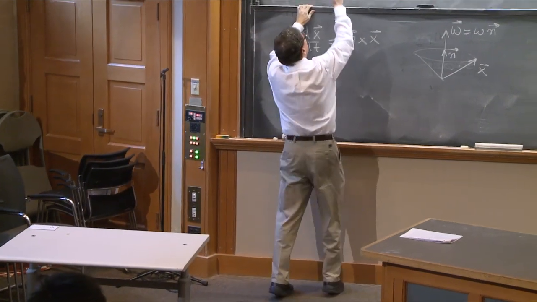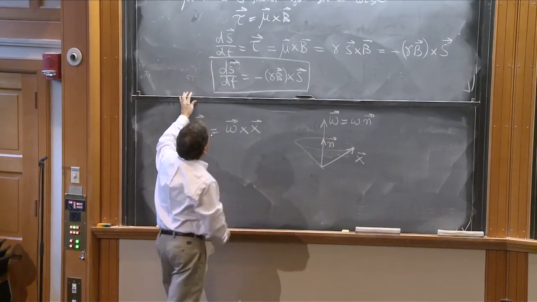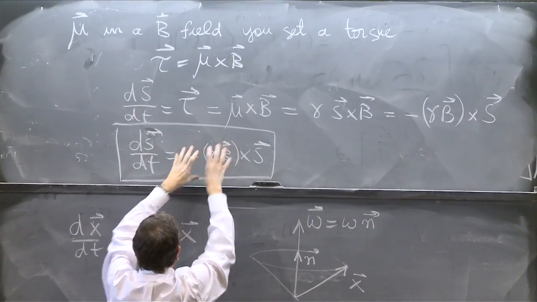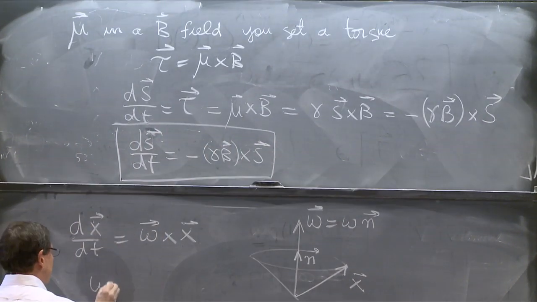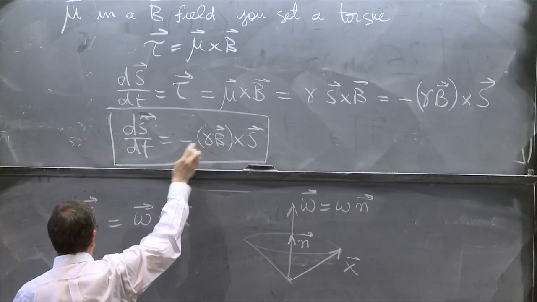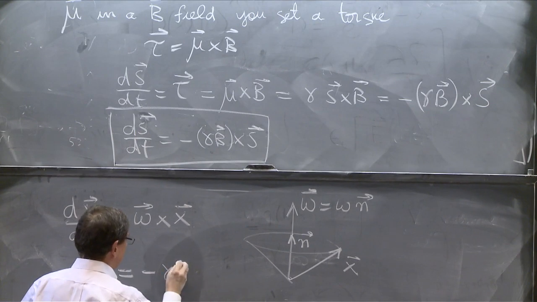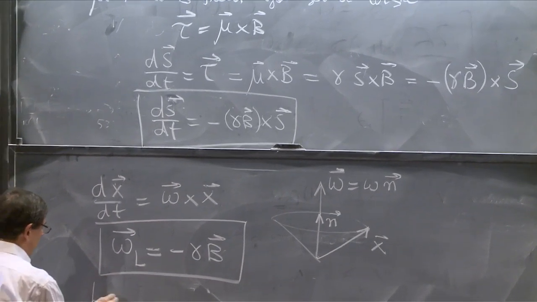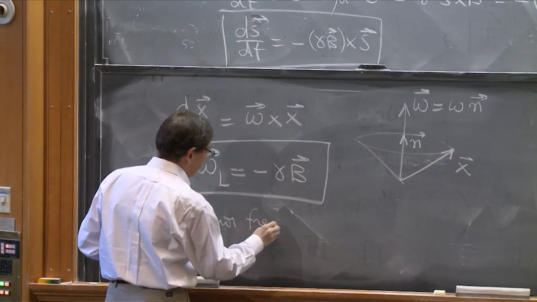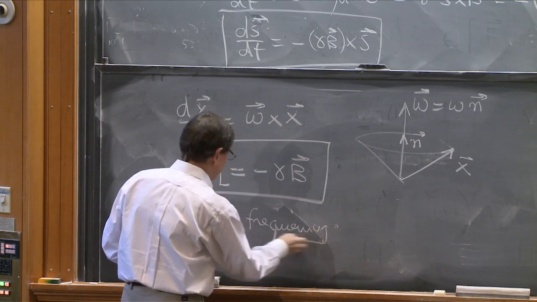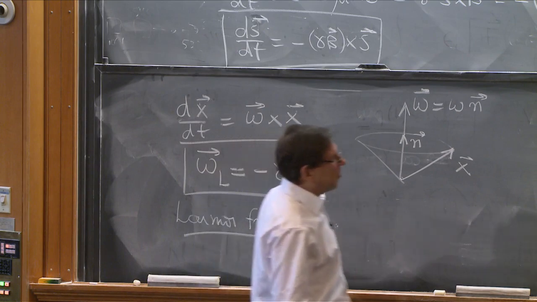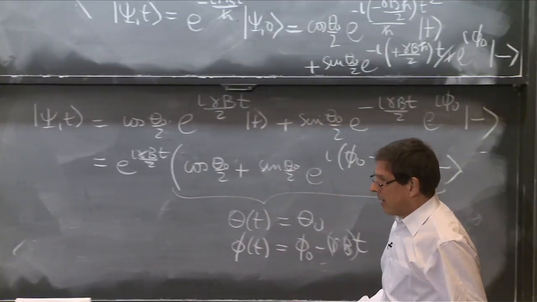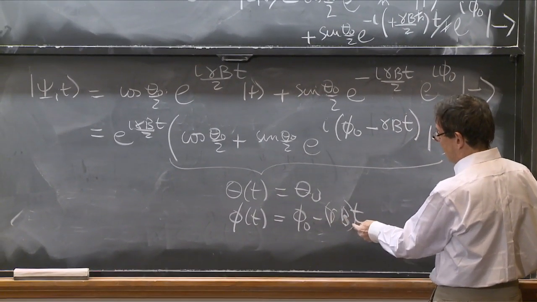So this equation is of that form, in which the x is played by S, and omega is minus gamma B. So this defines what is called the Larmor frequency, which is minus gamma B. Now, this Larmor frequency is precisely that one, because it was minus gamma B, and here you have minus gamma B times t.